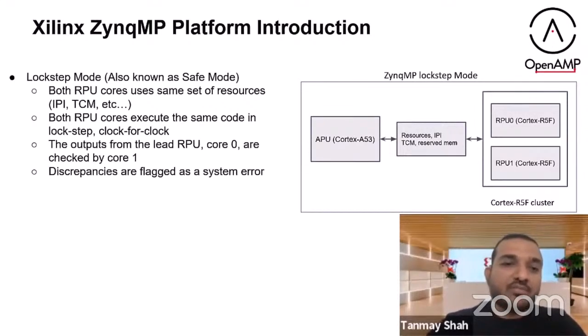Our main core is core 0, and core 1 checks and matches its output with core 0's output. And if there is a discrepancy between the 2 outputs after executing an instruction, a system error is raised. That is why this is also known as safe mode, because if there is any discrepancy in instruction execution, we get to know immediately.